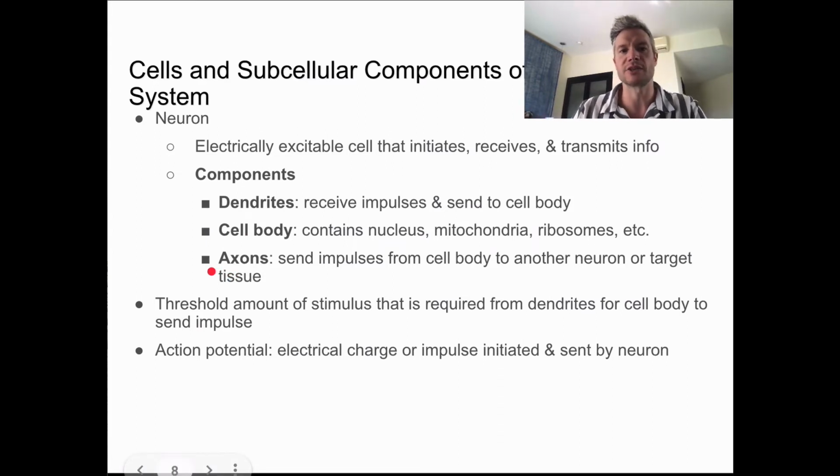And then axons are the parts where we send off the information. And so ultimately we get this thing called a threshold amount of electrical signal that will reach a component between the cell body and the axon called the axon hillock. And when that signal reaches threshold, we get something called an action potential, which then is the impulse sent by the neuron.